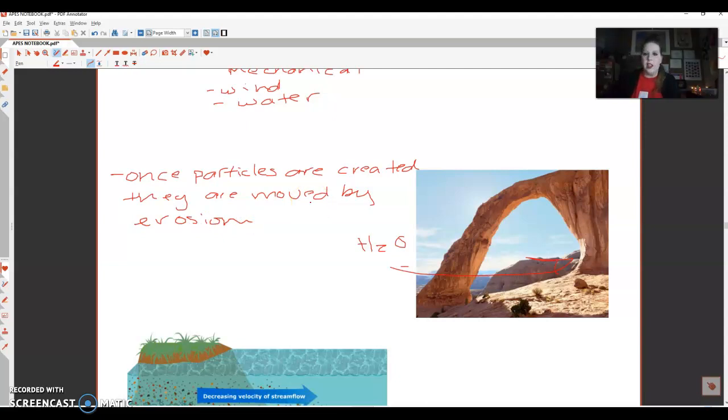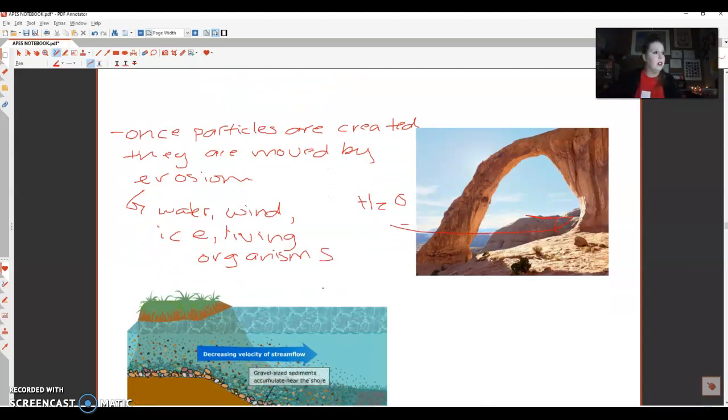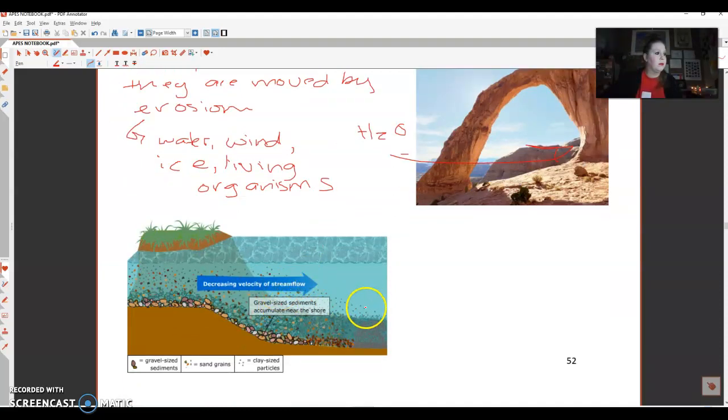What causes dirt to get moved around from place to place? So that's easy. What causes erosion? Water, wind, ice, okay? Also, living organisms, right?